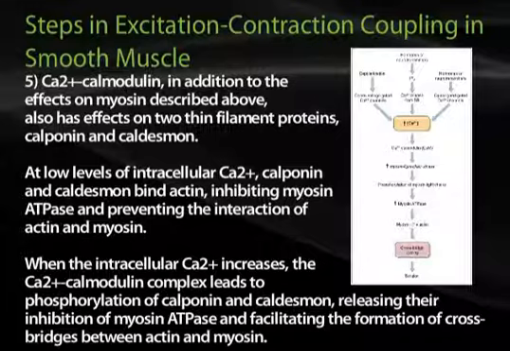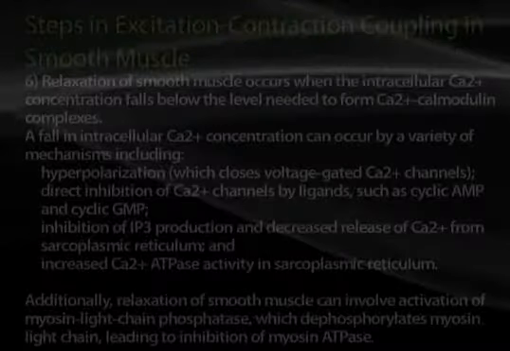When the intracellular calcium concentration increases, the calcium-calmodulin complex leads to a phosphorylation of calponin and caldesmon, releasing their inhibition of myosin ATPase and facilitating the formation of cross bridges between actin and myosin.